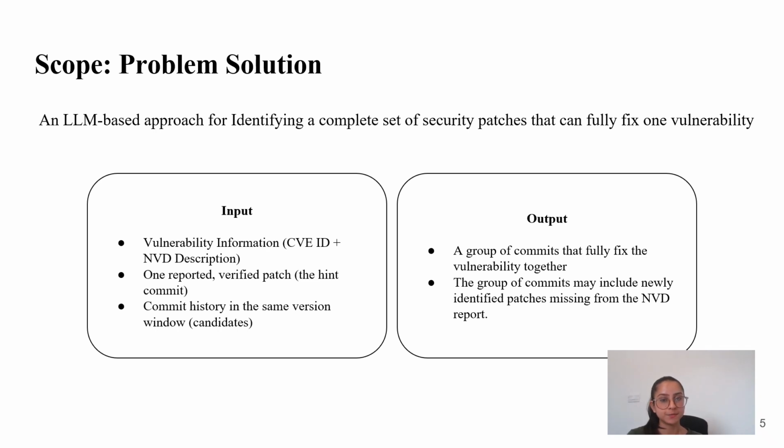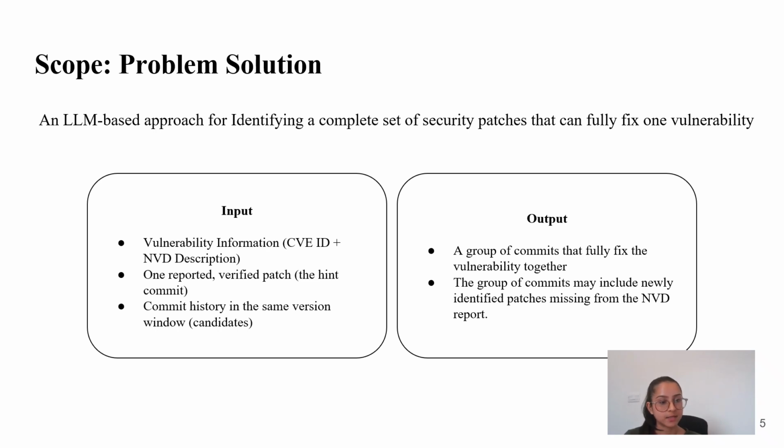Our input for this LLM approach is vulnerability information, which includes the CVE ID and NVD description, one reported and verified patch, which is used as the hint commit and serves as the anchor for the LLM to group other related and potential fixes to that CVE, and the commit history in the same version window as the reported patches for a particular CVE. And these serve as the candidate commits that the LLM would choose from.